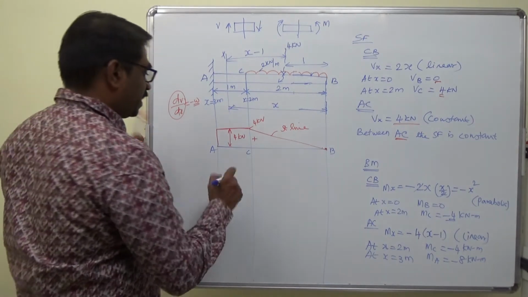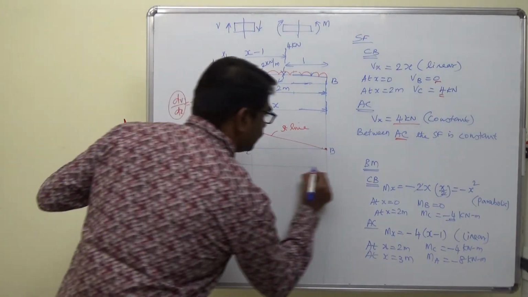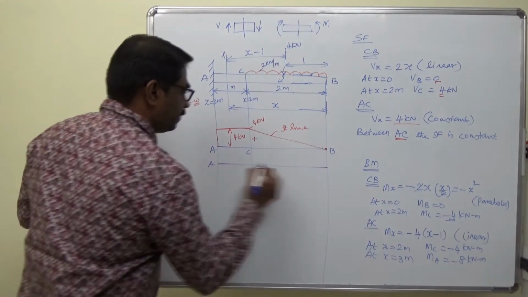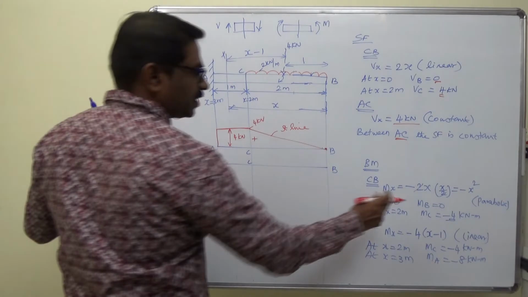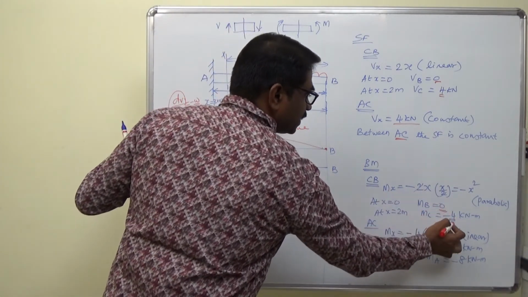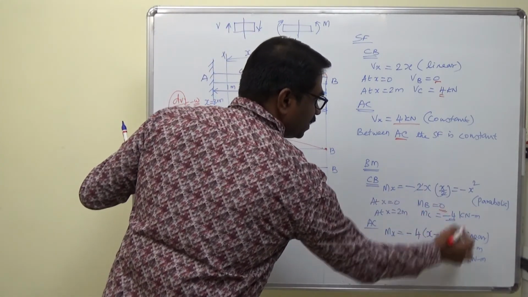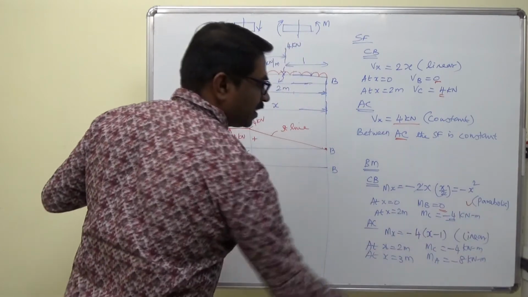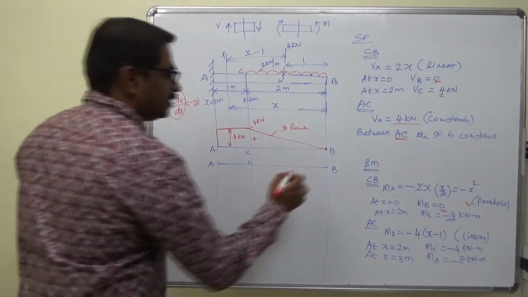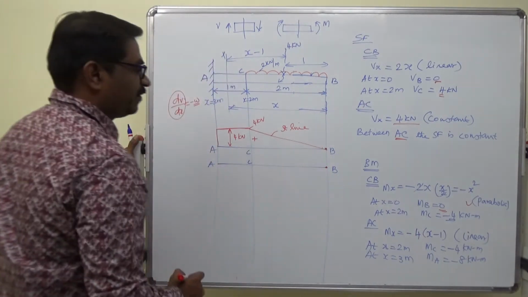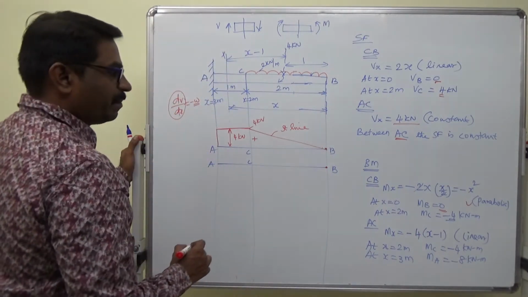Now coming to bending moment diagram, A, B, C. At B we have 0, at C minus 4, the variation is parabolic, and minus 8, it is linear. So 0, and the variation is going to be parabolic.